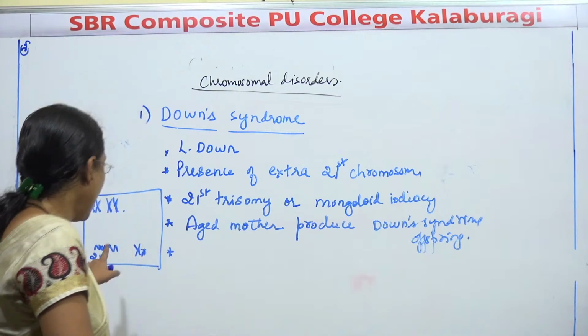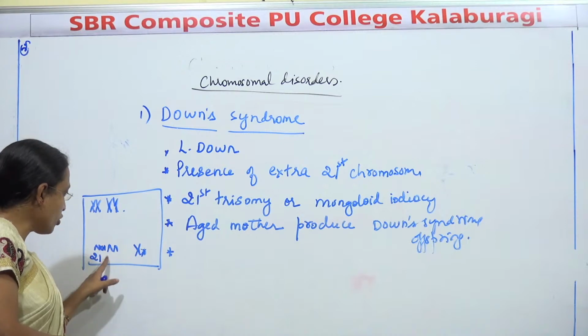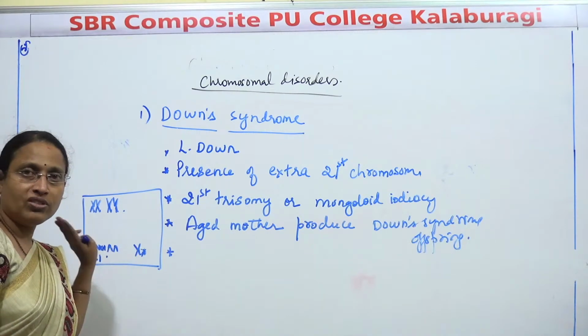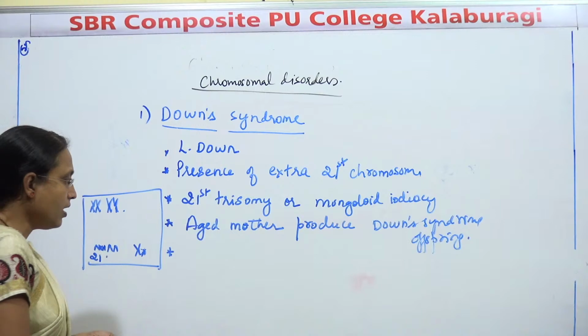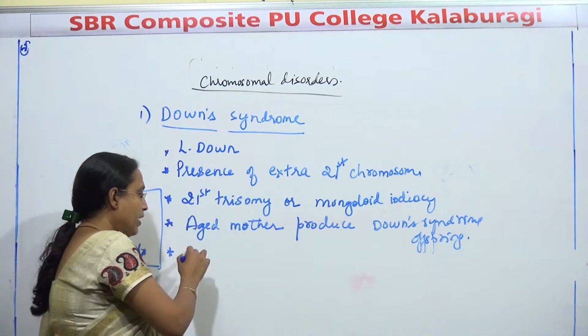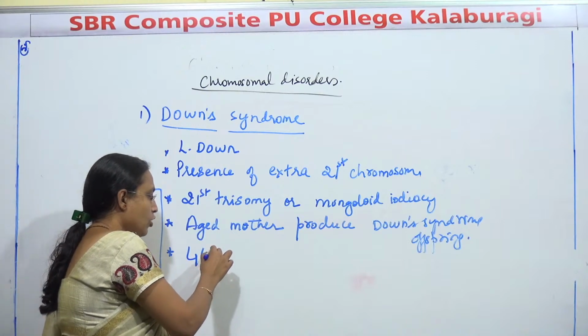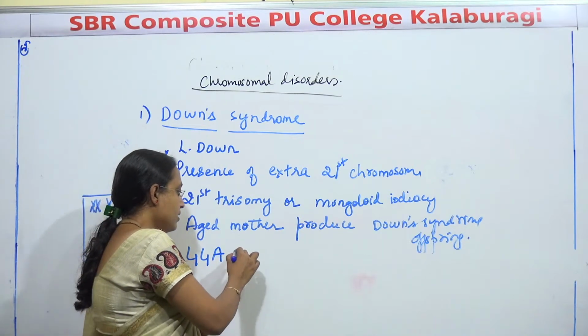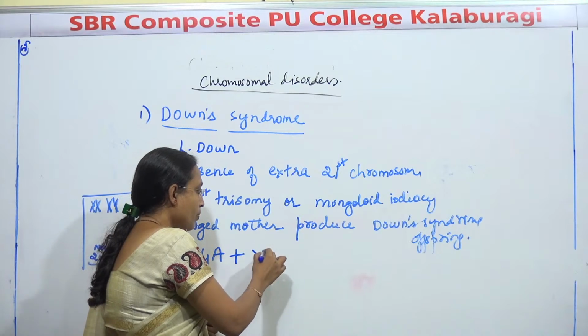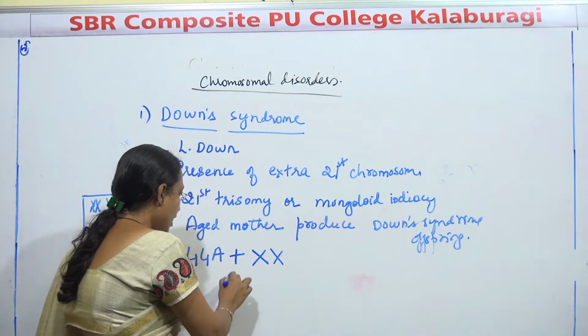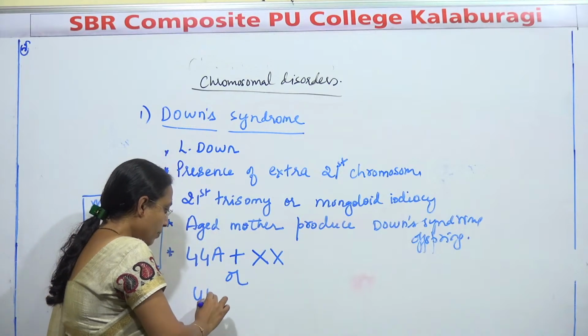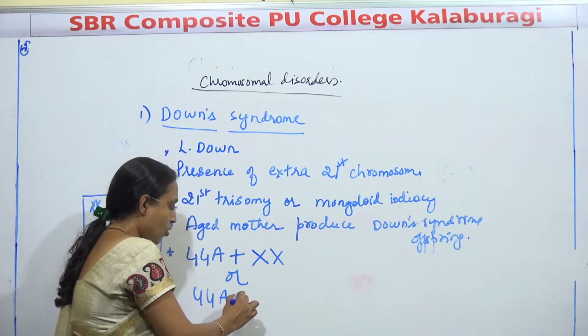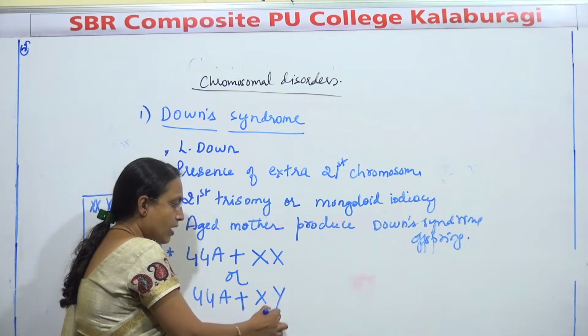In the karyotype, wherever the 21st chromosome is there, instead of 2 there are 3 chromosomes. If I say chromosomal complement, how many autosomes are there in a human? 44 autosomes. Plus, the female will normally have X and X. And how about the male? A normal male will be 44 autosomes and 1 X chromosome and 1 Y.